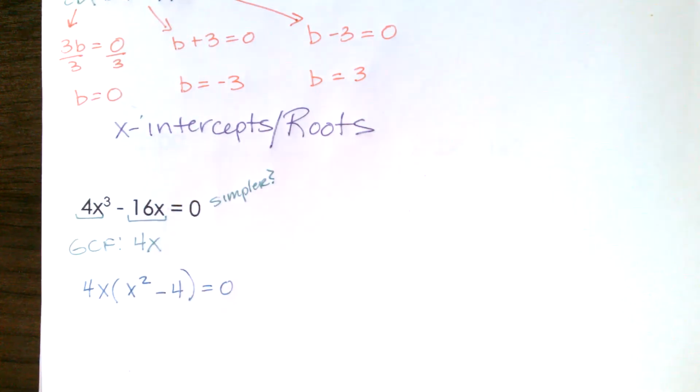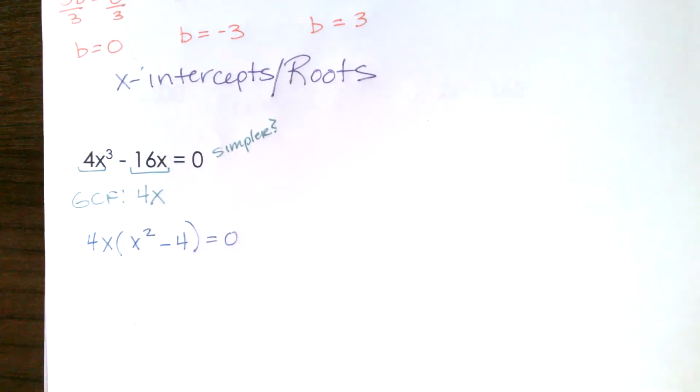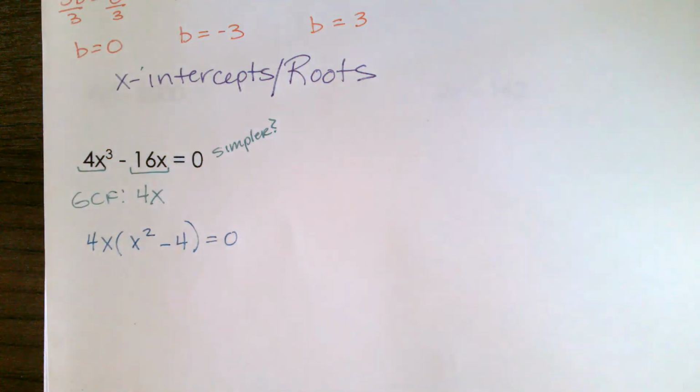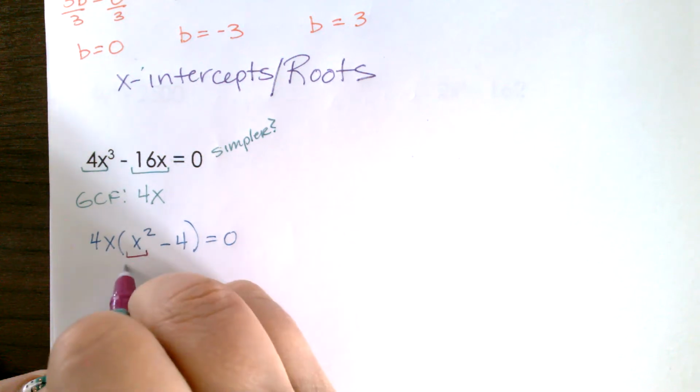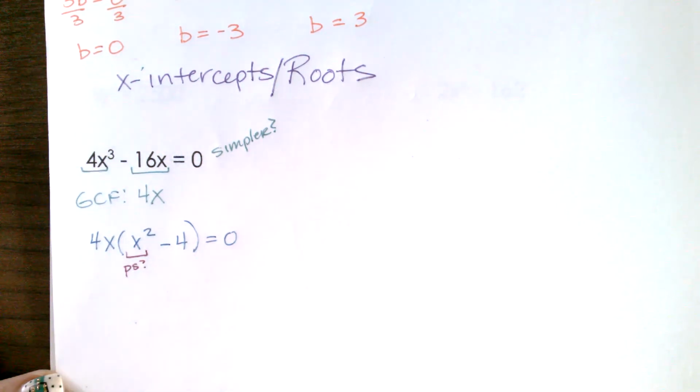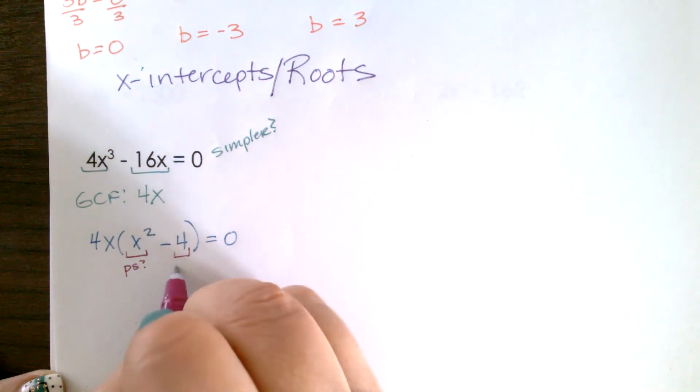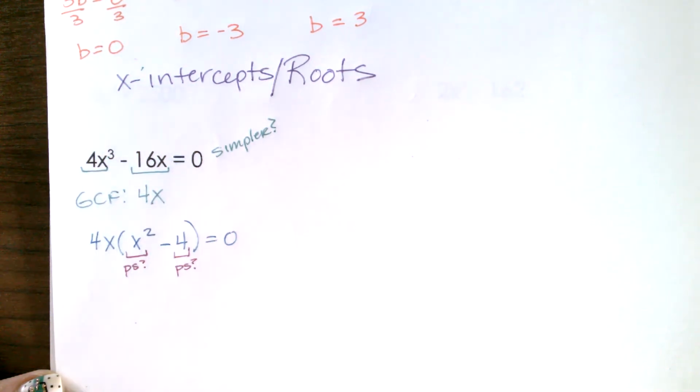Now I realize we did do some factoring, but we did not factor it all the way down. And you need to factor it all the way down. So I will double check, because I notice I have a binomial here. Is that a perfect square minus a perfect square? It is.